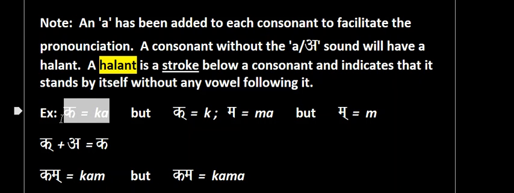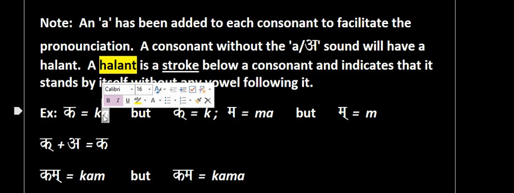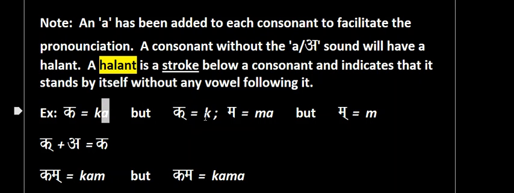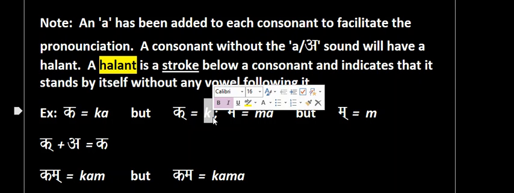So ka. Ka is actually the k sound with the vowel a attached to it, okay? But if we were to take out this a, that makes it k, then we're going to end up with only the k syllable.